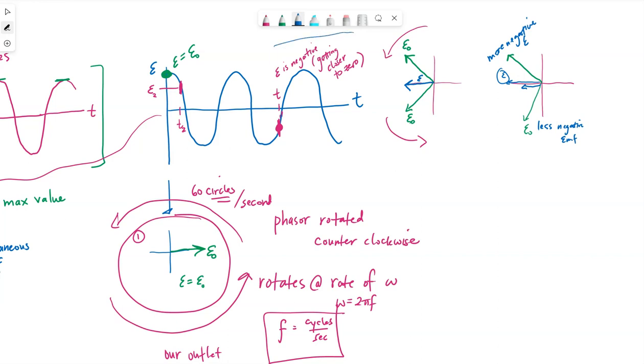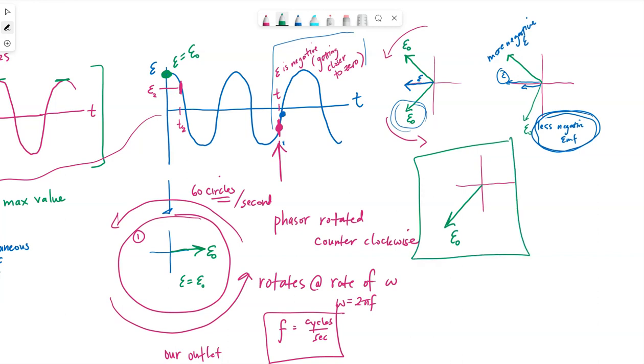Well, coming back to the graph, at a very short time later, we still have a negative value here, but it's closer to 0. This is the one that represents that. So this will be the phasor that accurately represents that point in time. The EMF phasor here matches this point right here.